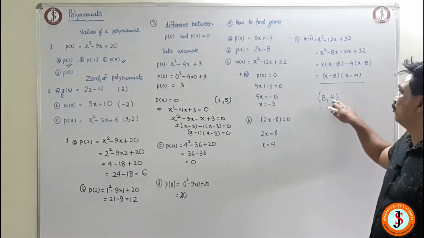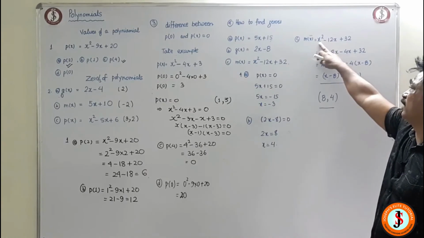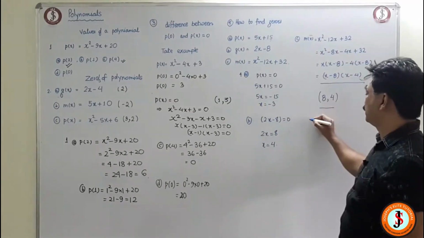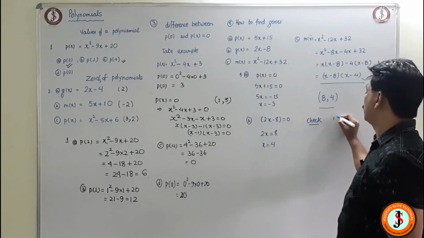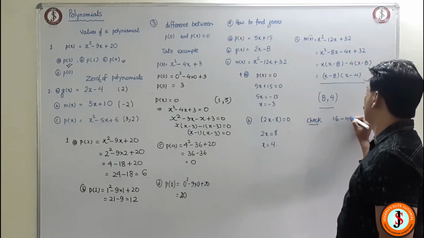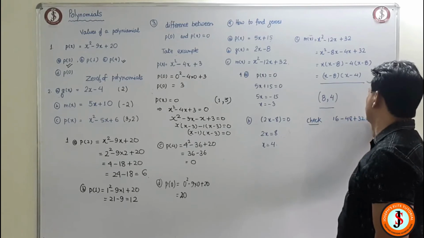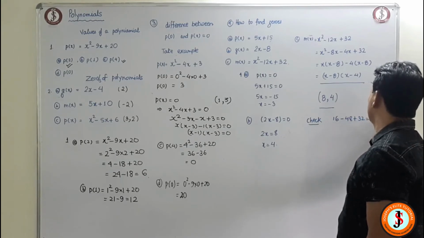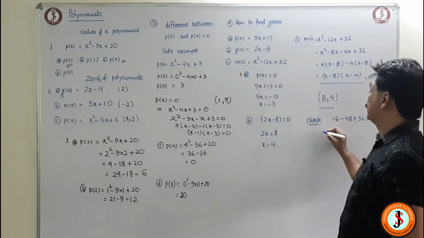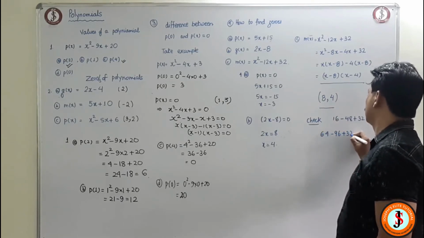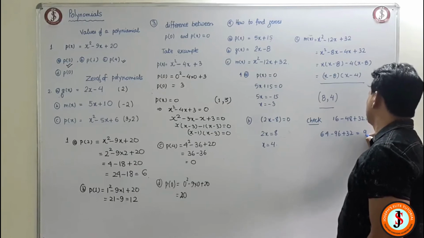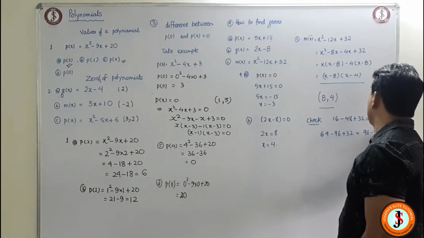Let us check 4. 4 square is 16 minus 48 plus 32, that is 48 minus 48, equal to 0. Same way let us check 8. 64 minus 96 plus 32. So this is also 96 minus 96, equal to 0.